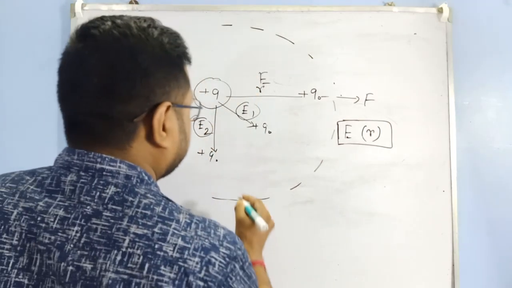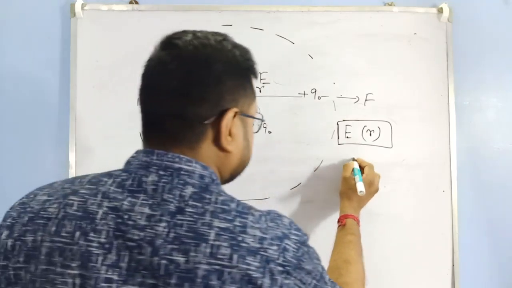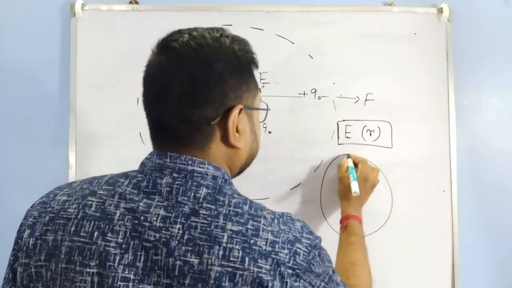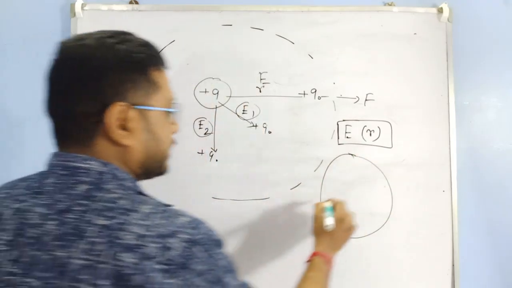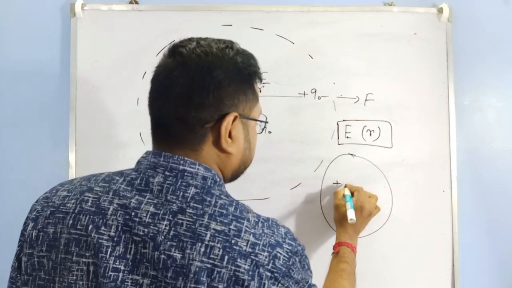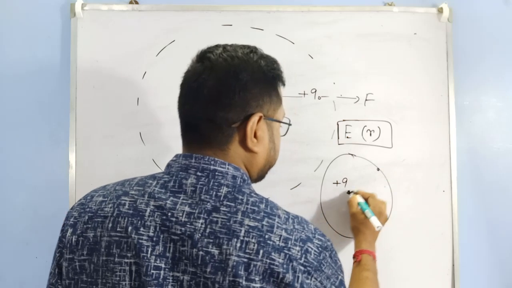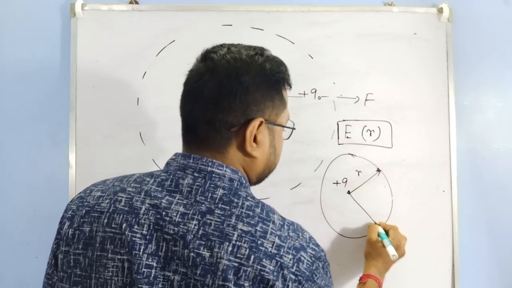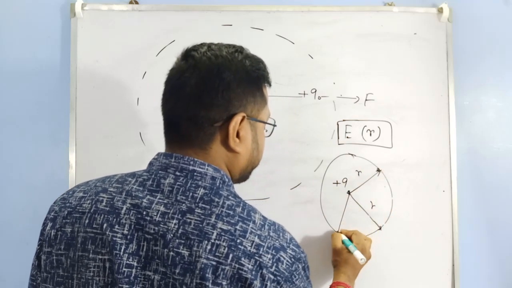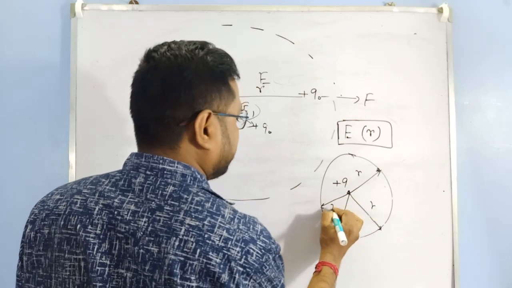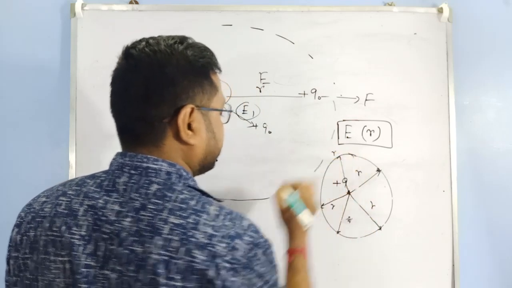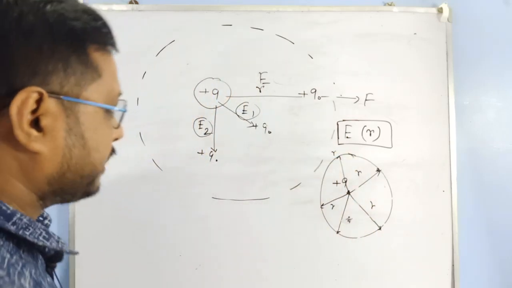For a radially symmetric case, that is for a sphere, if we place a source charge Q at the center, then as the radius is the same, the electric field will be the same in any direction. It does not vary with direction.